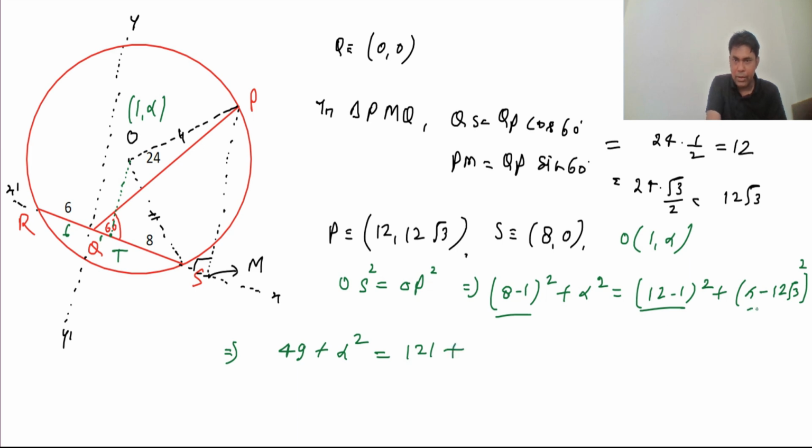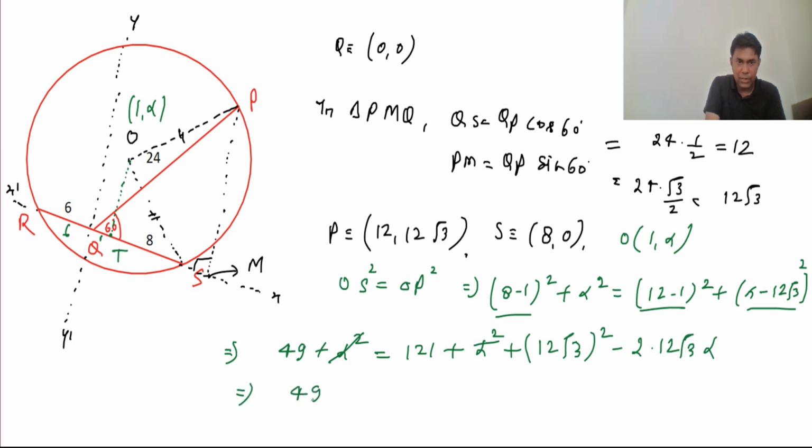Then here we will be using the identity (a minus b) square equals a square plus b square minus 2ab. So we can write alpha square plus (12 square root of 3) raised to 2 minus twice 12 square root of 3 times alpha. From this equation, alpha square will be cancelled out.